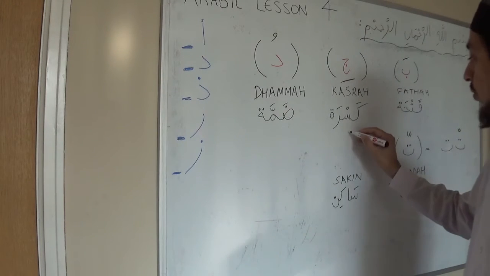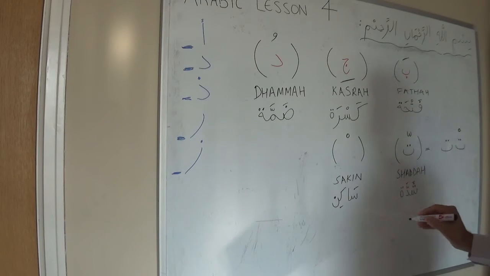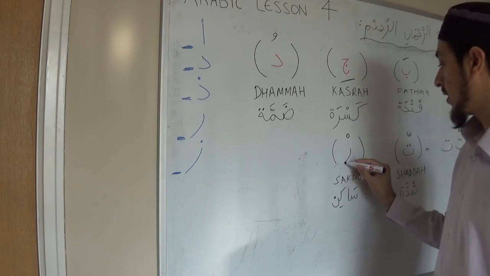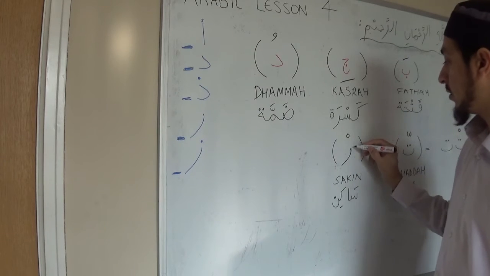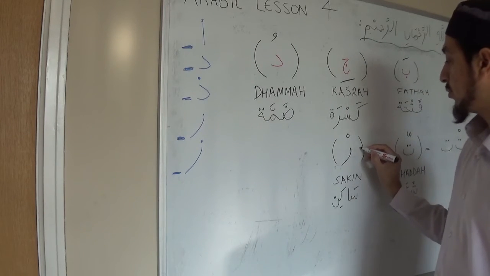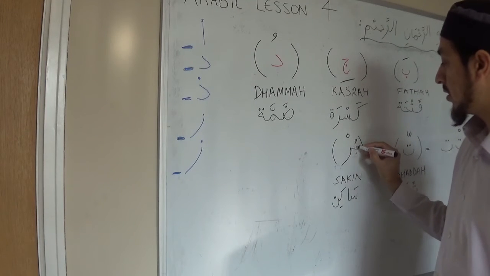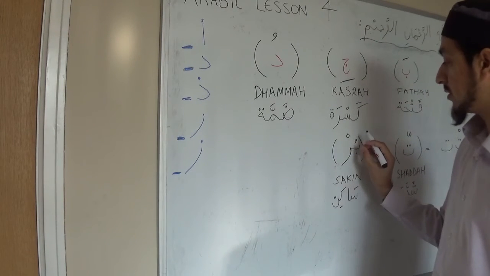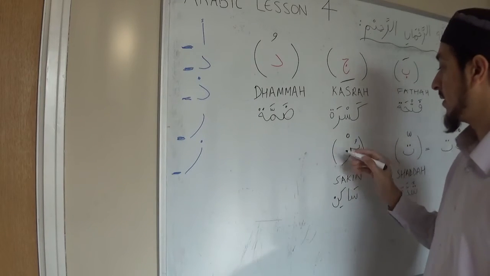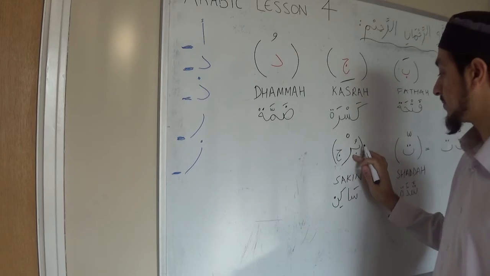This is where we have a circle on top, as you see me write, like burj. In burj, the ra does not make a sound, so we don't say ra, we don't say ri, we don't say ru. With burj, ba, bur, that's the only sound it makes. There's no actual sound coming from the ra. Burj, tower.